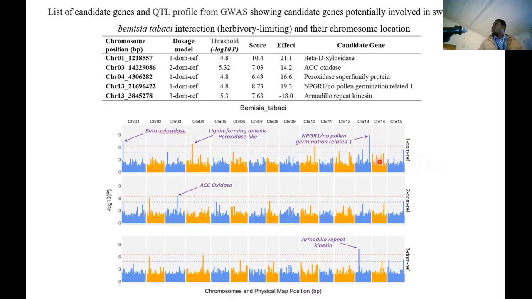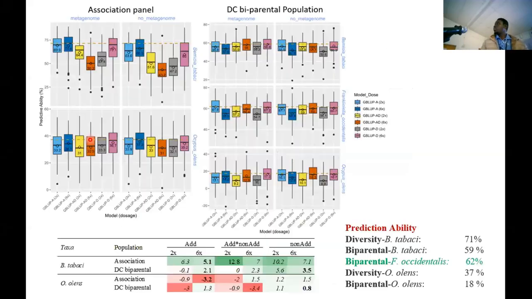So these genes, after the QTL profile, show the position and the strong link of this gene in chromosome positions, and how they participate in this interaction with Bemisia, which is a sweet potato pest that directly interacts with this plant.